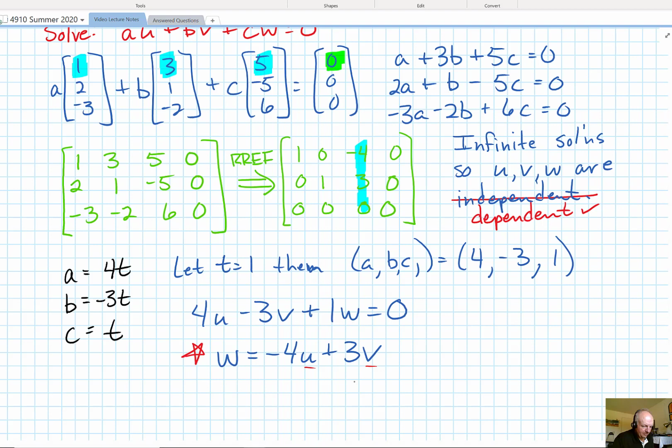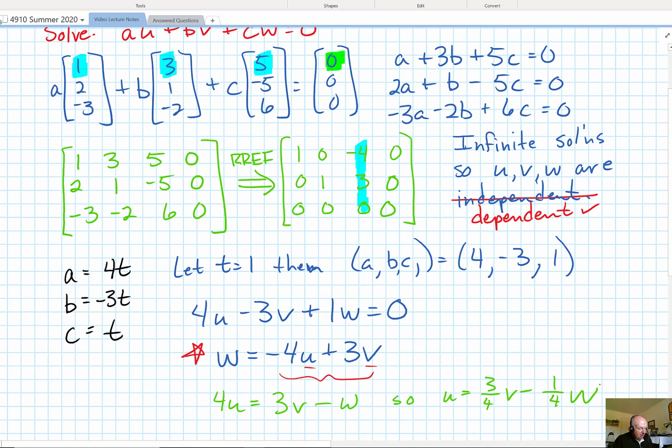Likewise, I could say that about any one of them. So W could be built using negative 4 U's and 3 V's, or let's say 4U minus 3V equals minus W. So U equals 3/4 V minus 1/4 W. So I can build U using 3/4 of V and minus 1/4 of W. Right?